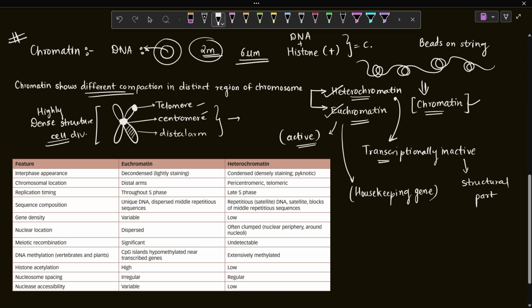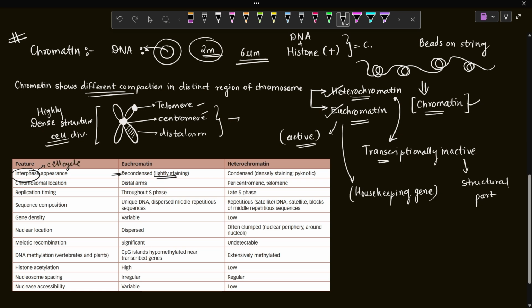Okay, here are some differences between euchromatin and heterochromatin. Euchromatin, as I said, is lightly stained. We call it decondensed. In the interphase, it appears decondensed. Interphase means when the cell is not dividing. It is that phase of the cell cycle.